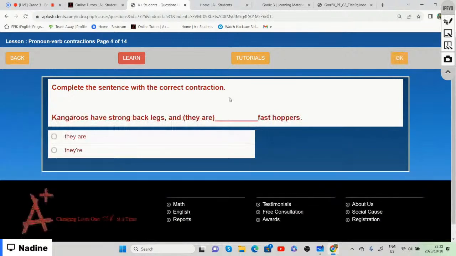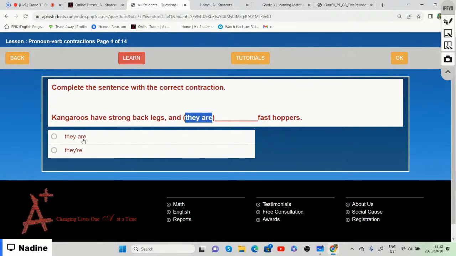Kangaroos have strong back legs and they are fast hoppers. We need to find the correct contraction of they are.